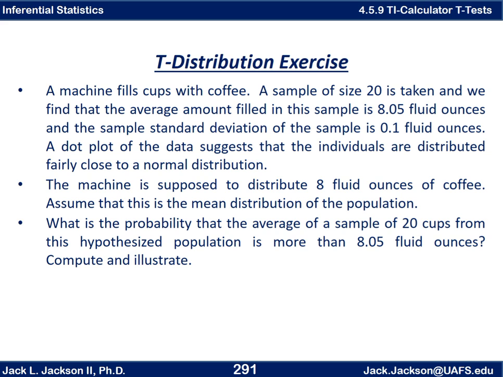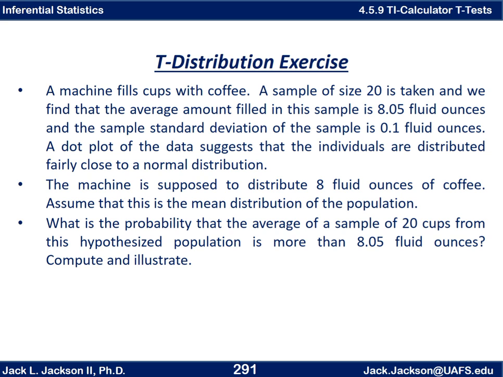So let's let you do an exercise this time, and we can use the full power of your calculator here. A machine fills cups with coffee. A sample of 20 is taken, and we find that the average amount filled in the sample is 8.05 fluid ounces, and the sample standard deviation is 0.1 fluid ounces.